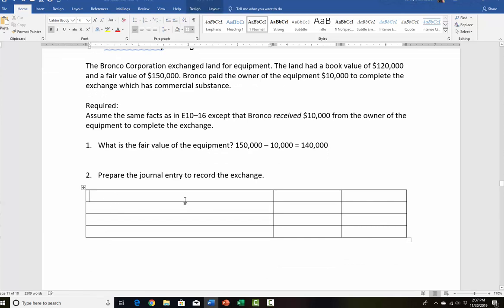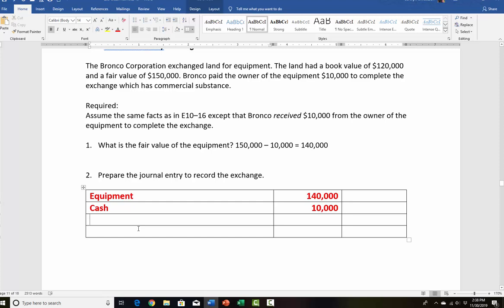All right, so let's put this transaction together, put the journal entry together. But now we're going to debit equipment for 140,000. All right, we're going to debit cash because we're getting cash in this case for 10,000. Okay.